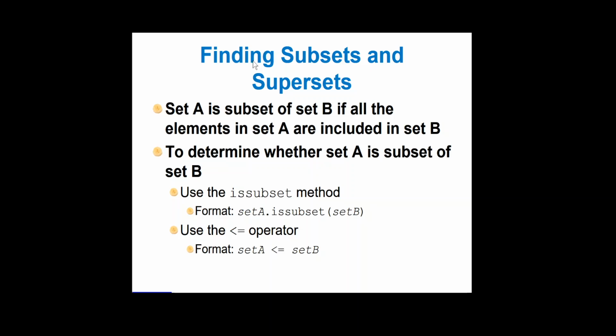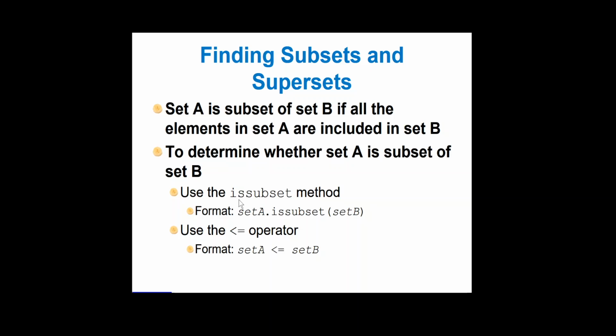Okay. Finding the subset and superset. Now imagine we may have a set that's a part of a bigger set, and this is what we call a subset. Mathematically, we know that subsets have their own definitions and unique operations. But if a bigger set B is containing set A, how do we know?